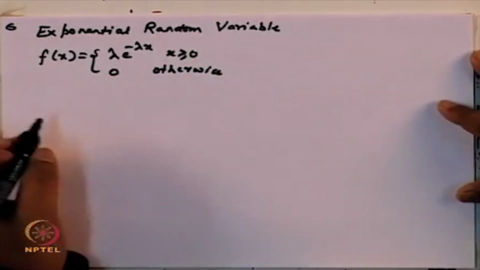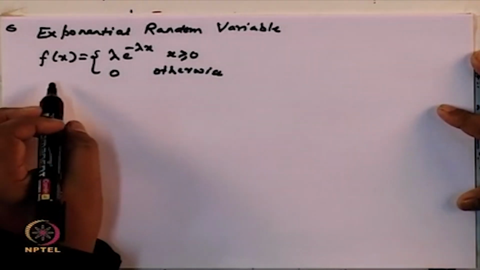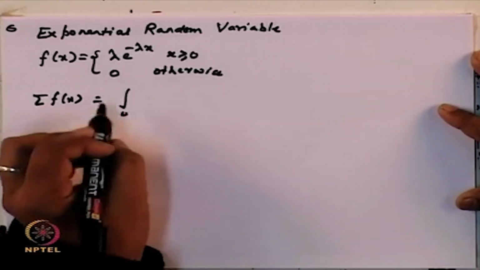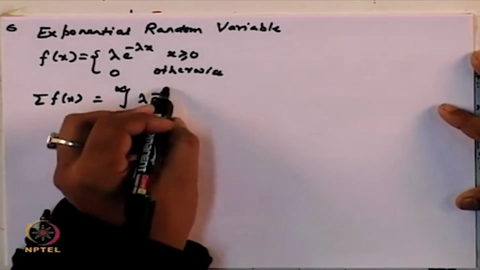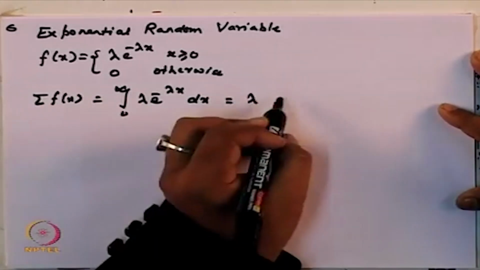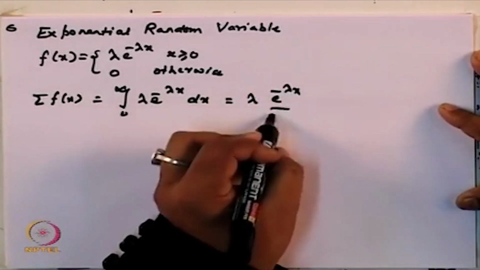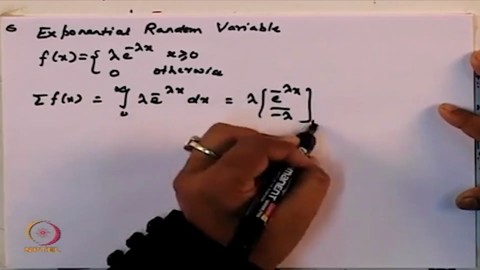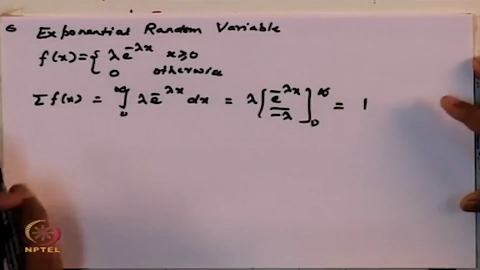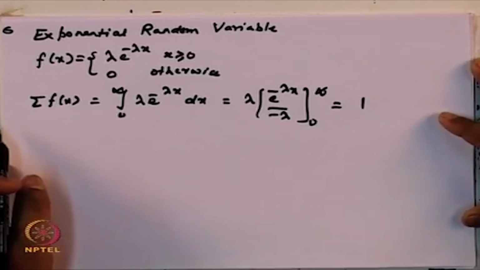I can check the summation of f(x), which would mean the integral from 0 to infinity of lambda e to the power minus lambda x dx. I can take lambda out, and it is e to the power minus lambda x by minus lambda between 0 and infinity, which is equal to 1.